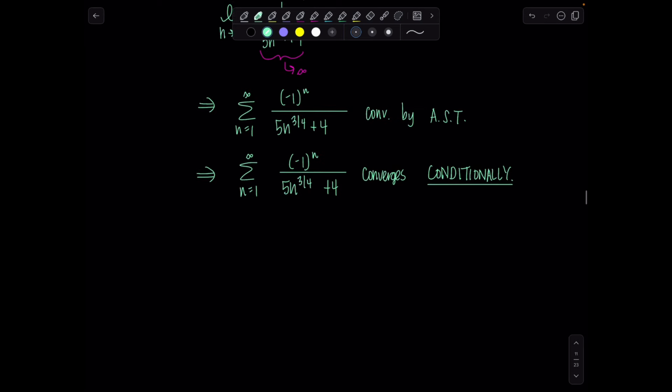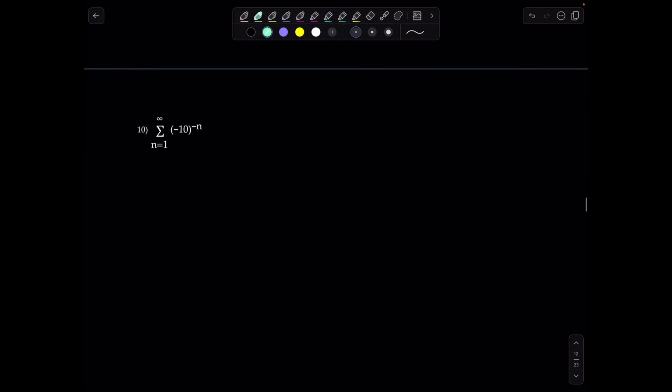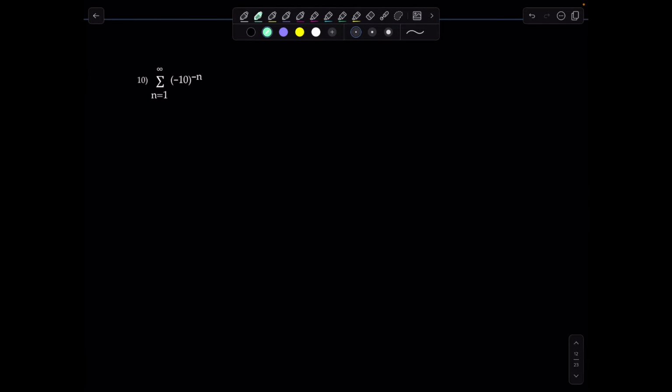Next one, and we're being asked the same question: if it converges absolutely, conditionally, or if it diverges. So we have the sum n equals 1 to infinity of negative 10 to the negative n. So always test for absolute first, unless you can tell that it's going to just diverge, okay? So let me look at the absolute value of a sub n.